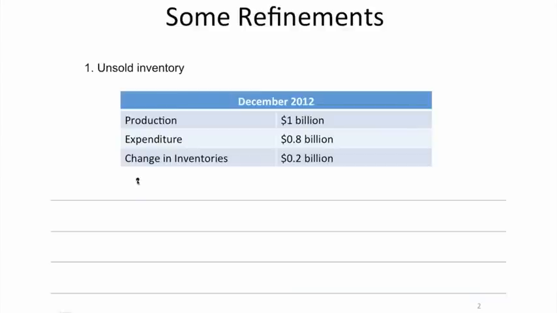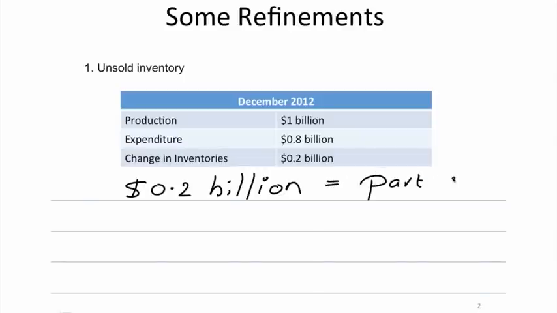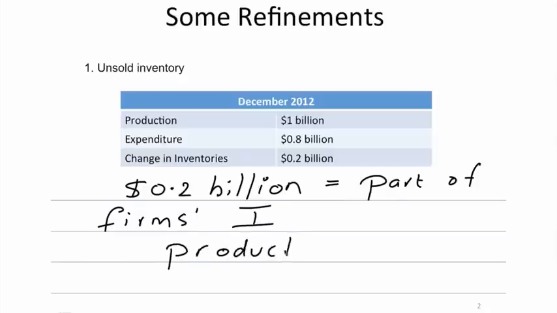We're going to take that 0.2 billion and recognise that firms are hanging on to those inventories to meet this future need, the possibility of being able to sell it in the future, and we're going to say that that is going to be equal to a part of firms' investment expenditure.